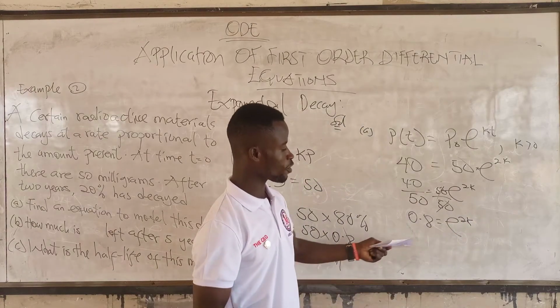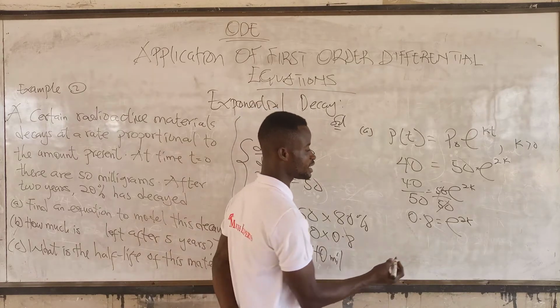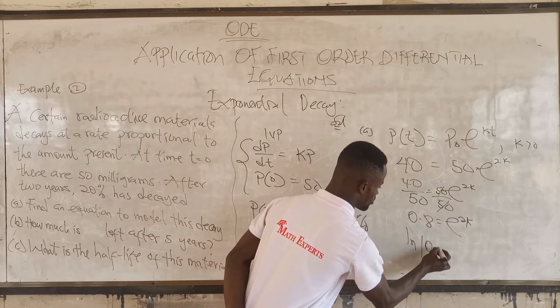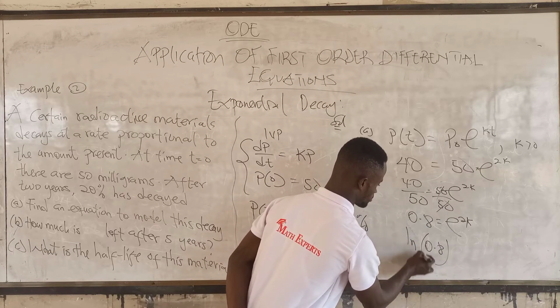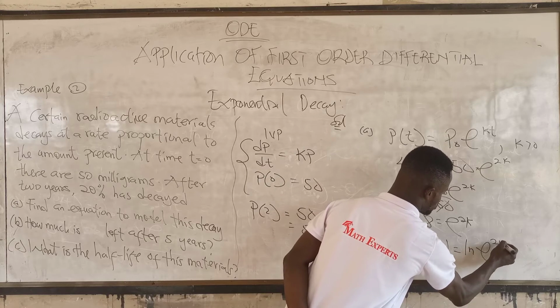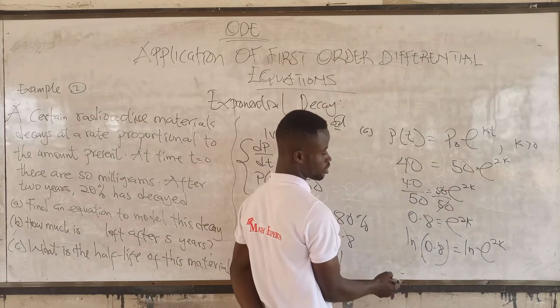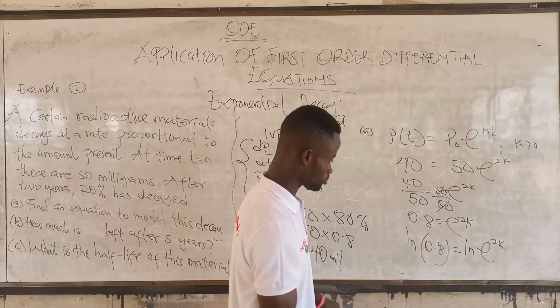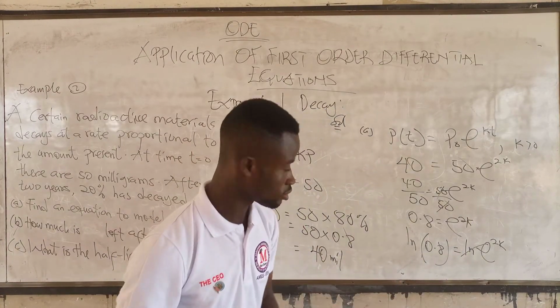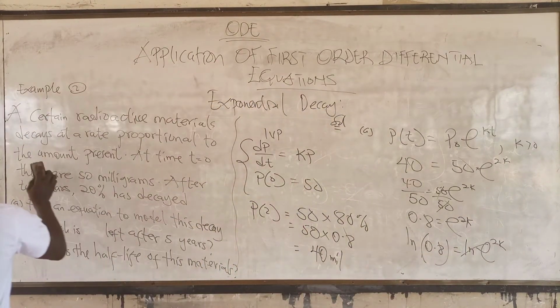Alright. So for you to get k, what will you do? You take ln of both sides. Ln 0.8 equals ln e raised to the power 2k. Okay. So now, here, this will cancel out.